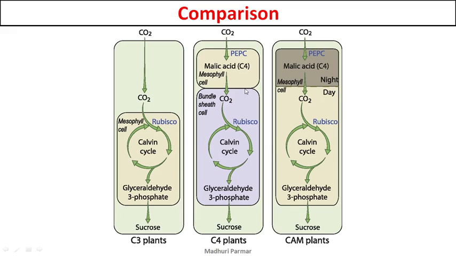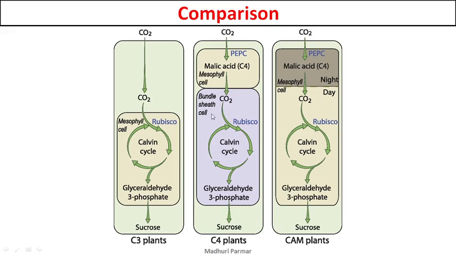So here what you are able to see is spatial separation. There is a separate space where carbon dioxide will be accepted. This space does not have Rubisco, so there is no chance of oxygen getting fixed. There is only carbon dioxide which will come here. It will form malic acid and enter the bundle sheath cell, which is a very protected environment, where you will find Calvin cycle going on.